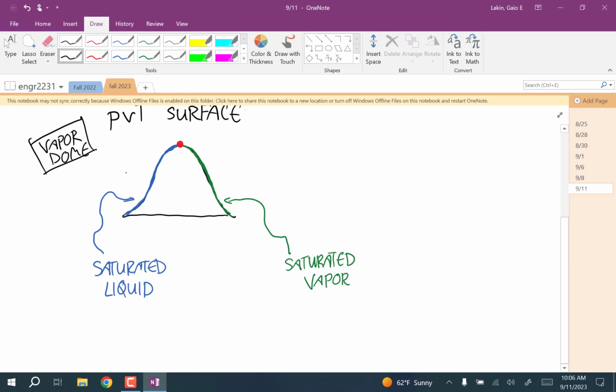To the left of the saturated liquid, we had compressed liquid. Inside the vapor dome, we have a liquid vapor mixture.